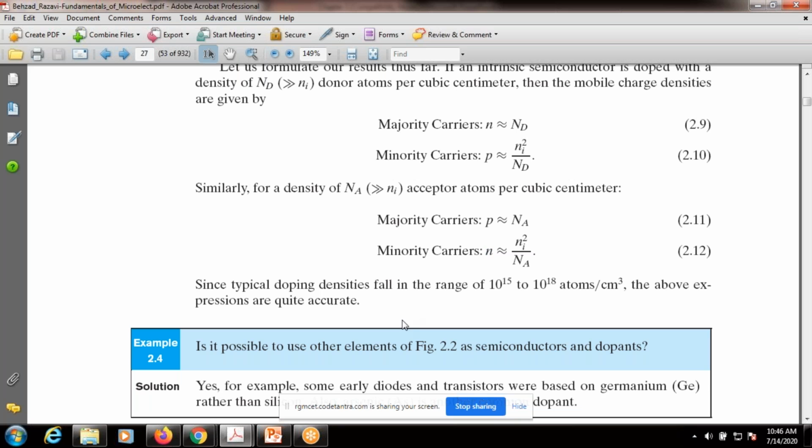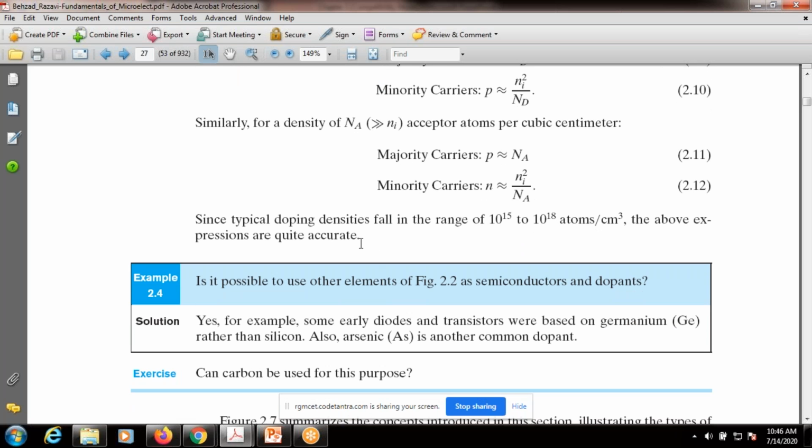Now, what is the typical range? Typical doping densities fall in the range of 10 power 15 to 10 power 18 atoms per cubic centimeter.